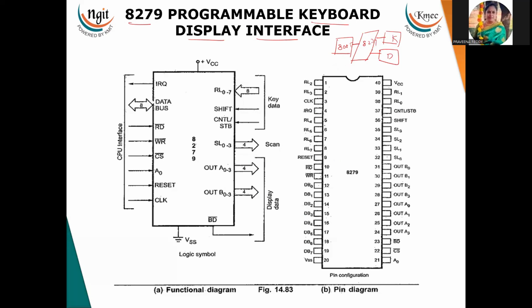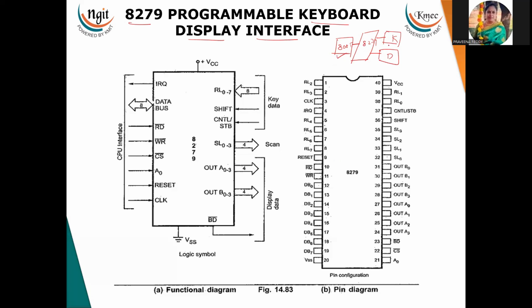By using this, the microprocessor will not execute any instructions to interface or to sense the key codes whenever a key is pressed in the keyboard. No need to execute instructions to sense the key codes.